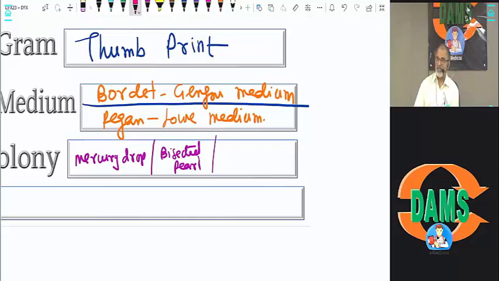Mercury drop, bisected pearl. What is the other one? Not string of pearl. Bisected pearl, mercury drop, aluminum paint. String of pearl is seen in Bacillus anthracis in the presence of penicillin. Okay, right. Next is aluminum paint appearance.